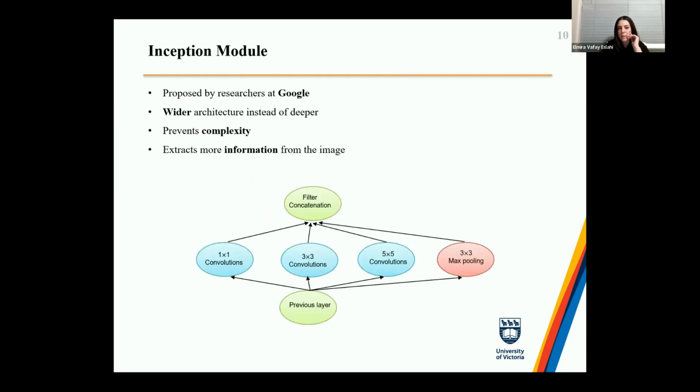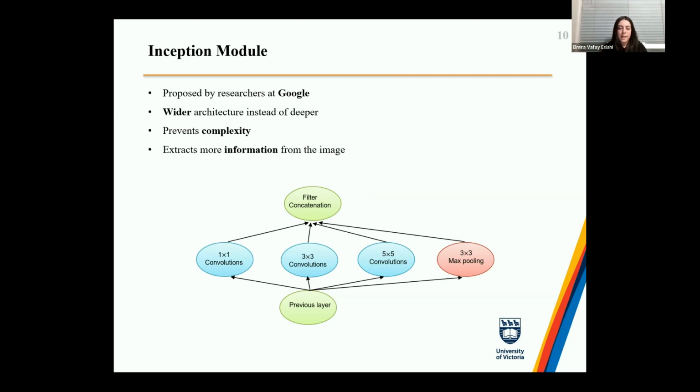So let's see what the Inception module is. The Inception module was first proposed by researchers at Google. The idea behind the Inception module is to make the architecture wider instead of deeper. So we don't want to just add layers to make it deeper.